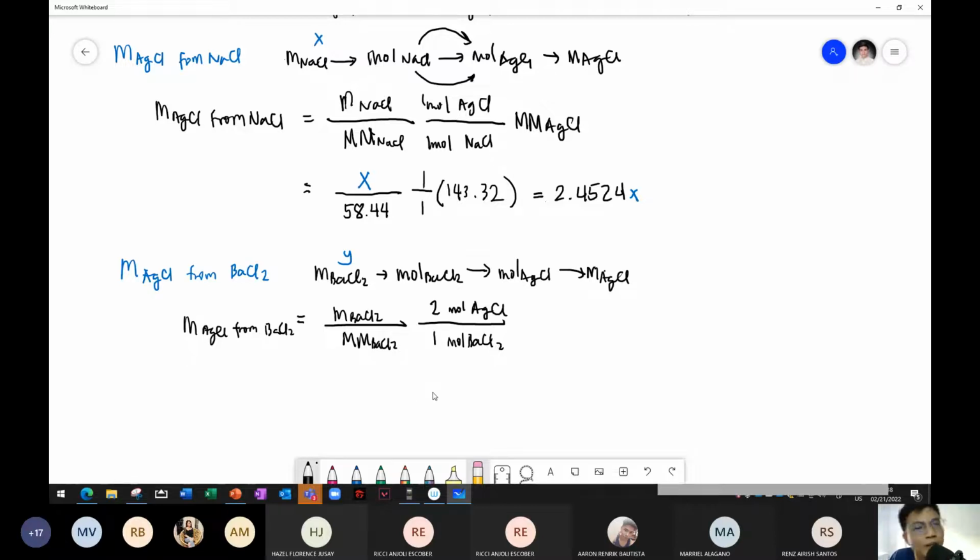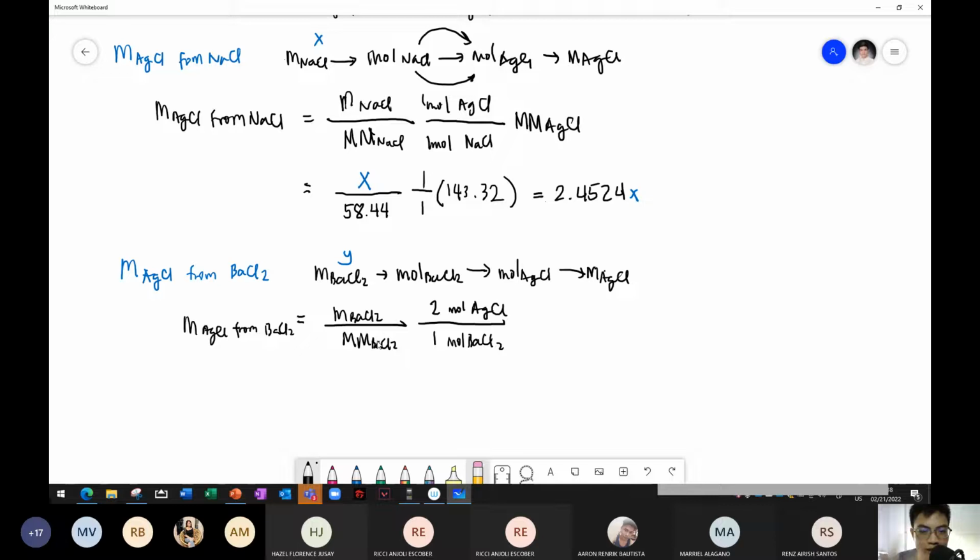Okay. Bakit, sir, sa AgCl yun 2? Kasi gusto mo maging equal yung Cl eh. Diba? If you have 1 mole of barium chloride, dalawa na agad yung Cl mo. But for AgCl, you need 2 moles of that para maging dalawa din yung Cl. Okay? So again, the goal is para maging equal yung Cl nila. Yung Cl kasi focus natin. Okay? So ganun yung ginagawa natin.